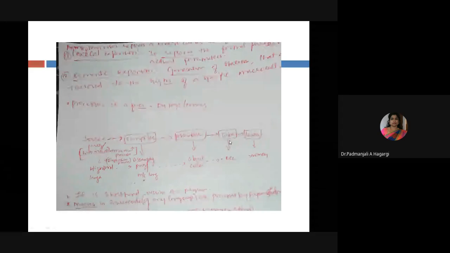This object code is further converted into the executable file using the linker, and this executable file is loaded into the memory for execution. This was the arrangement of all the language processors.